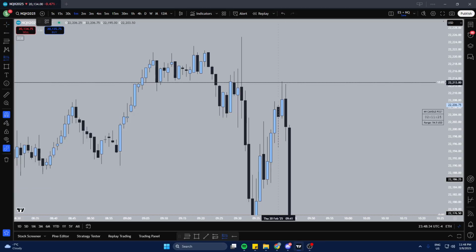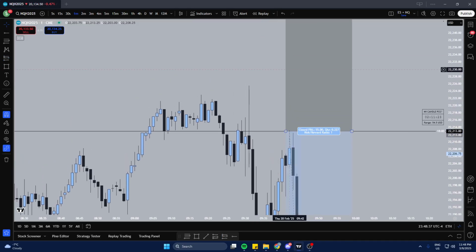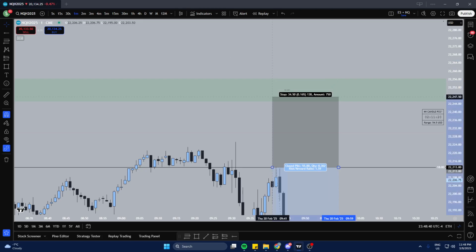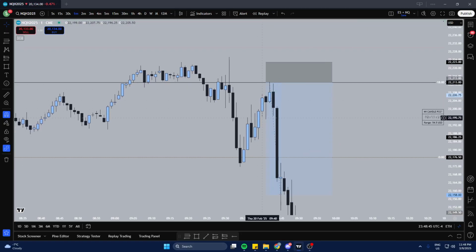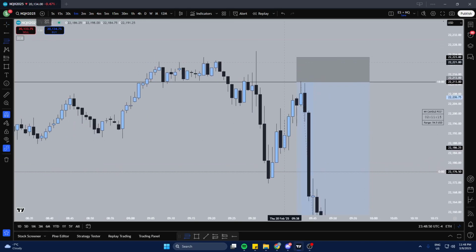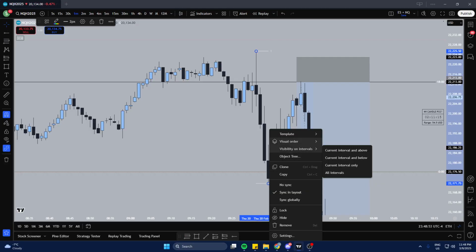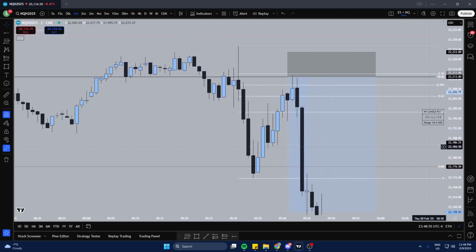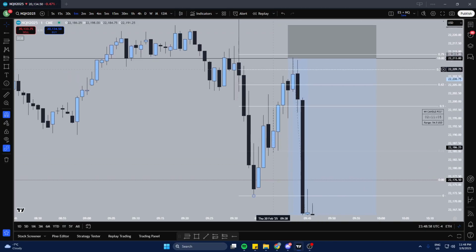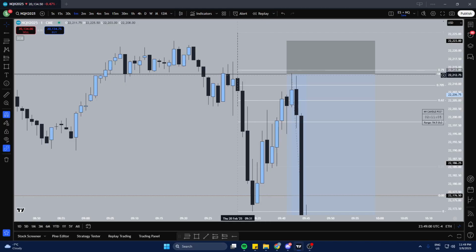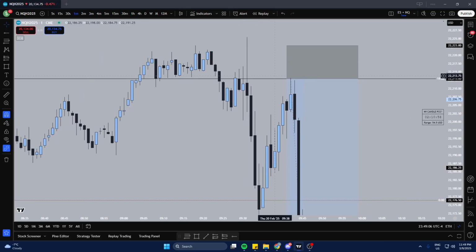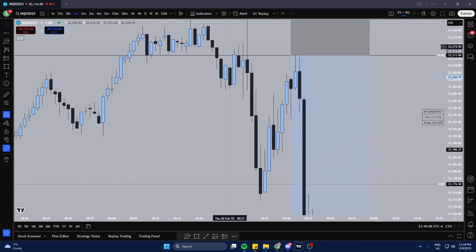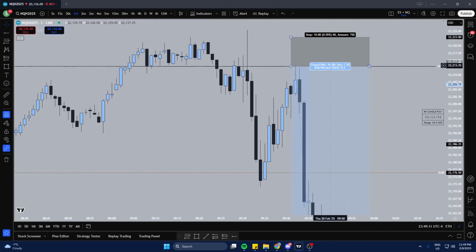Just this very little tap. You wouldn't enter on it, obviously, without more confluence, but the most common entries would be something like OTE with the key open, CISD with the key open, or some other confluence. Basically, you just want something with it.